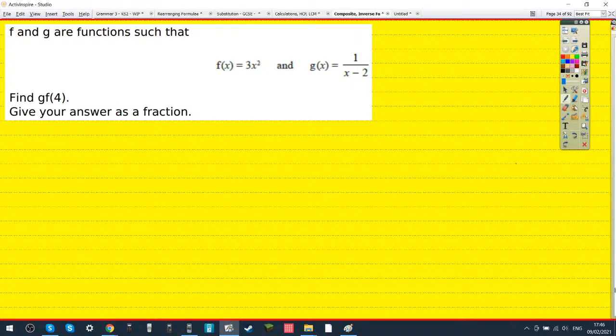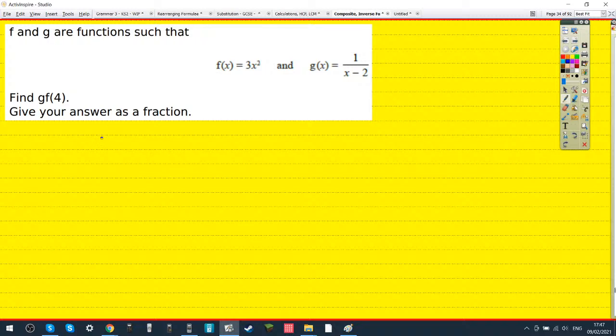The g of f of 4. So 3 times 4 squared. That is 16 times 3, which is 48.